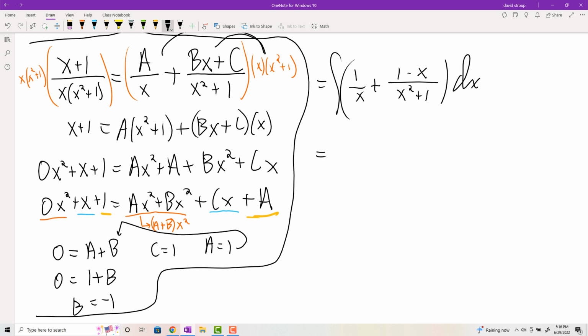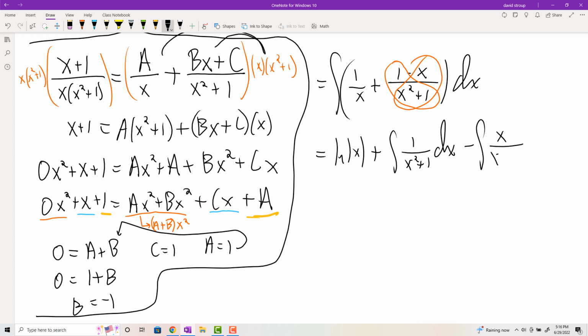Okay, the first part of the integral, you can do that. It's ln of absolute value x. The second integral, though, you're going to need to butterfly it, right? So it'll turn into two integrals. The first one, 1 all over x squared plus 1, is an inverse tangent. And then minus the integral of x all over x squared plus 1 dx.